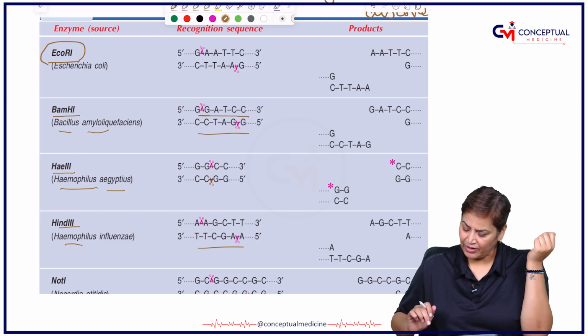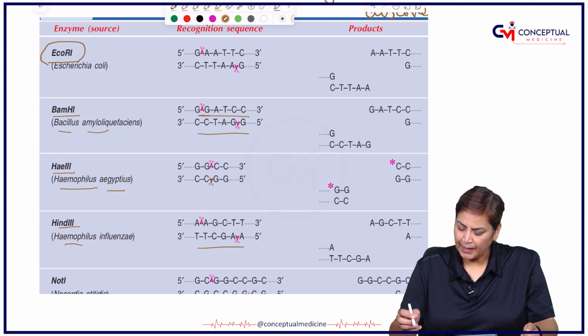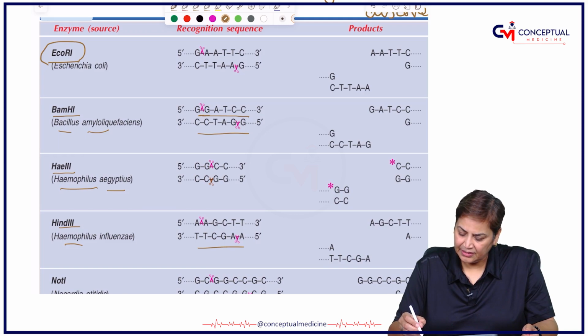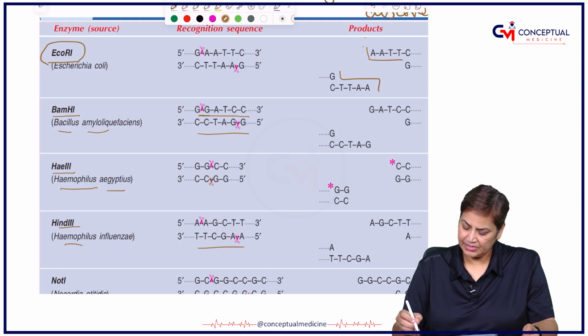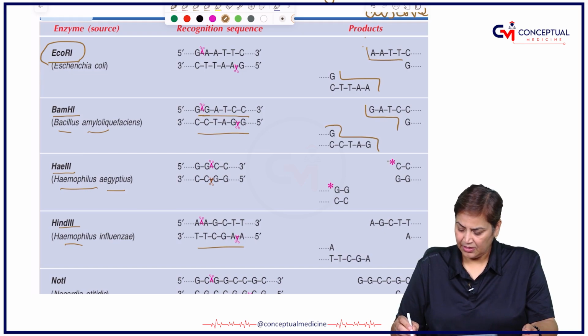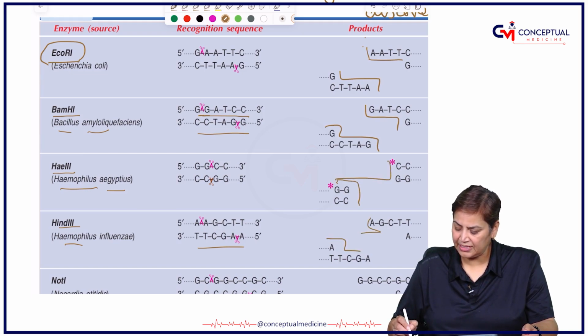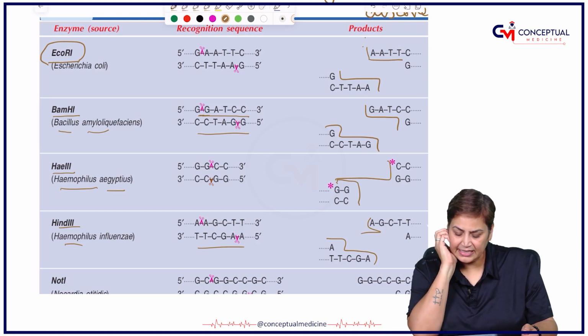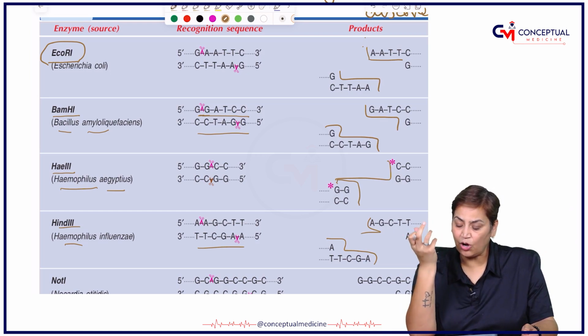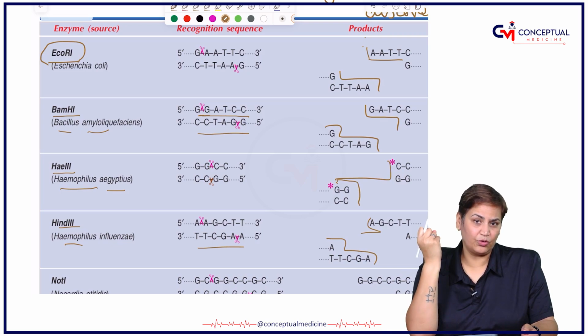Okay. Now, one thing if you notice here, you can see that this type of product is produced like this, similarly like this. Or we can say that DNA is forming this type of strand. That means the cutting is such that sticky ends are produced.